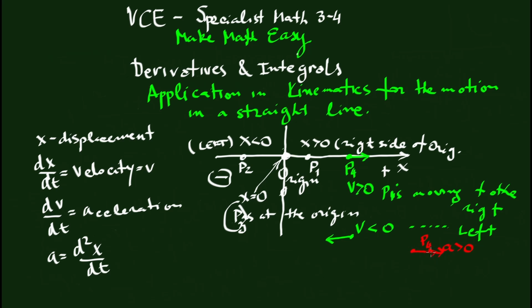So put a double arrow, pushed to the right. And if it happens that a is less than 0, pushed to the left. The word we use is pushed. So we are helping it with a push to go in that direction.